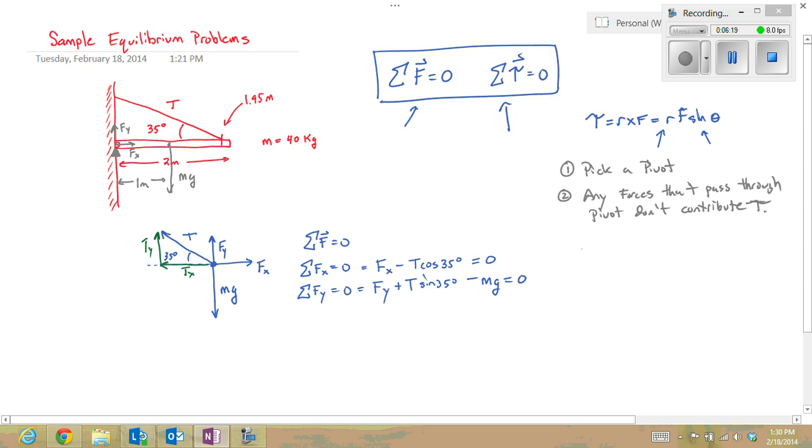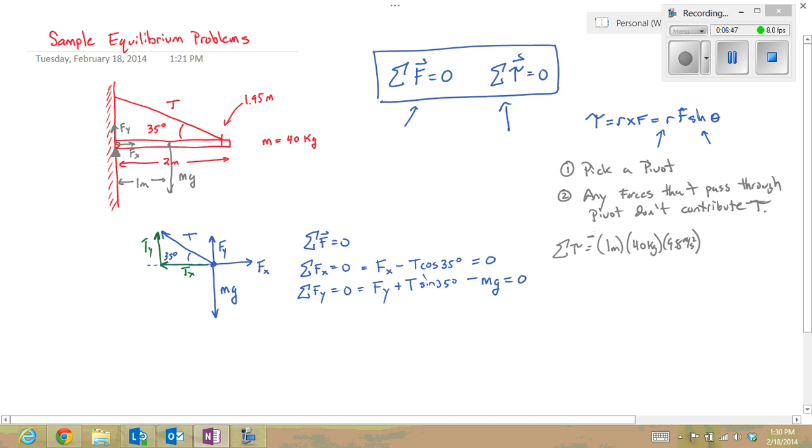So if I'm doing the sum of the torques, the first torque is 1 meter times mg, which would be 40 kilograms times 9.8 meters per second squared. And now I have to decide, is this going to be a positive or negative torque? Well, this is tending to rotate the object clockwise, and we talked about clockwise being negative.